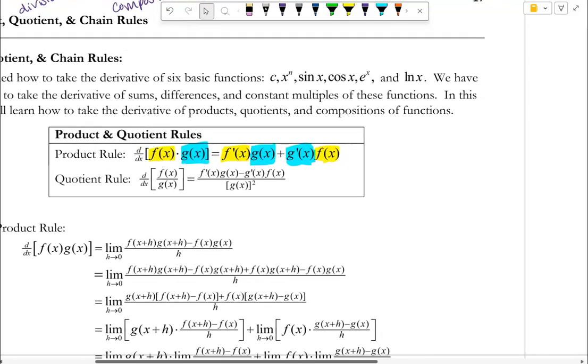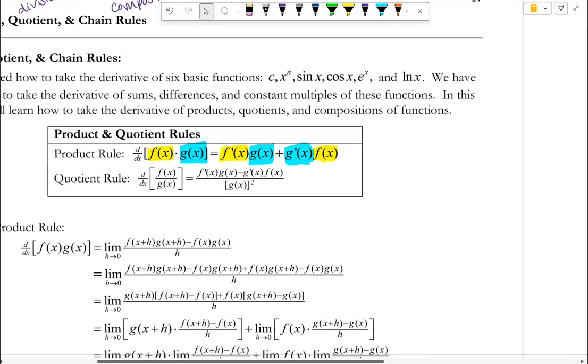Also remember that addition and multiplication are both commutative. Something that helps me with the product rule is to remember that I'm mixing and matching the derivative of one function with the other function, and then I'm adding those together. The order in which we do that doesn't necessarily matter. So instead of writing f prime times g, I could think of that as g times f prime plus f times g prime, because again, multiplication is commutative.